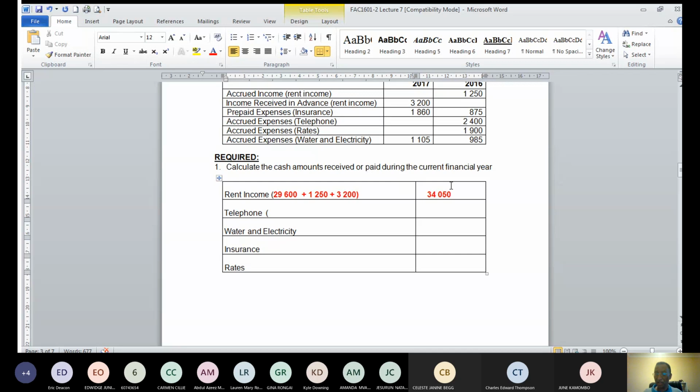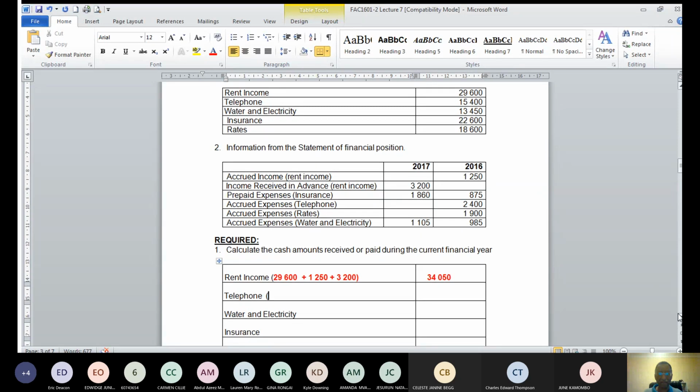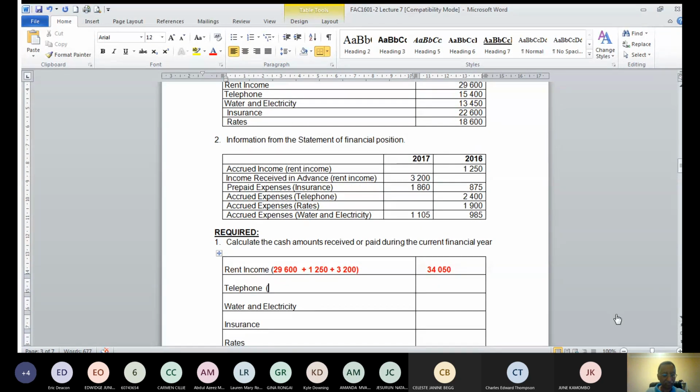In the statement of profit and loss and other comprehensive income, our telephone expense amounted to 15,400. 15,400 is my expense. That is not the amount of money that I have paid. It's not the cash expense. My telephone expense of 15,400 must be converted to a cash amount. How do I do that?